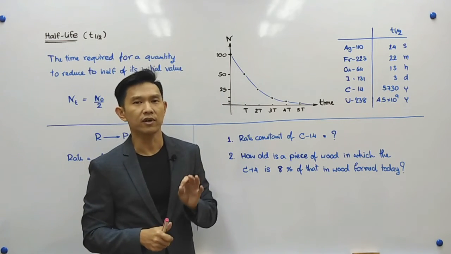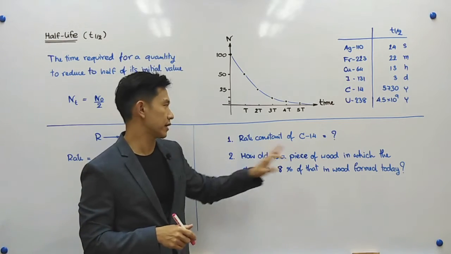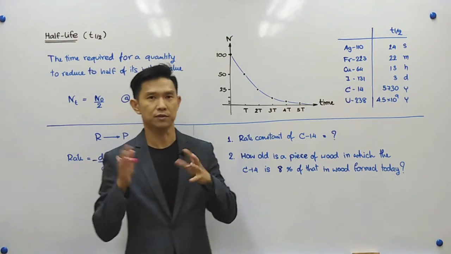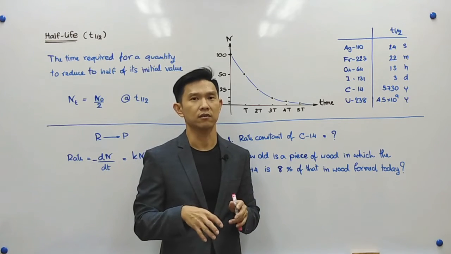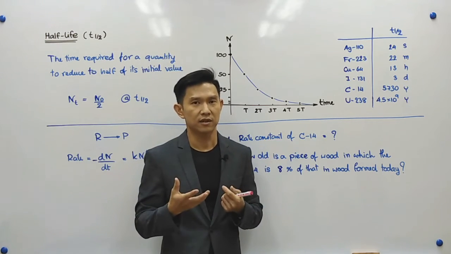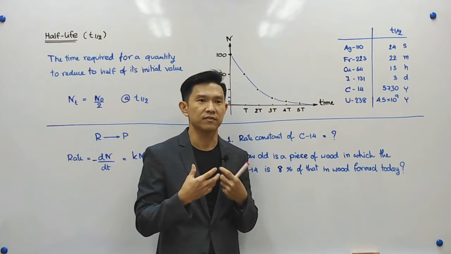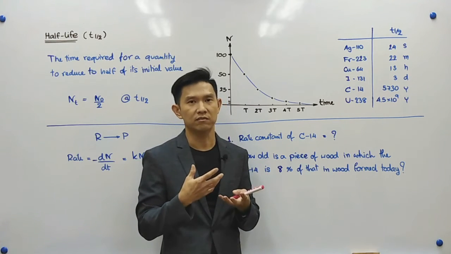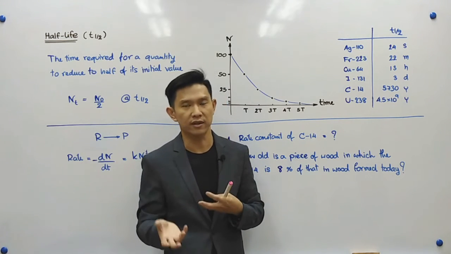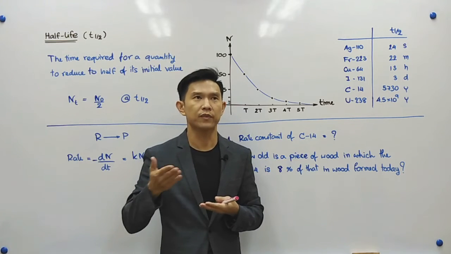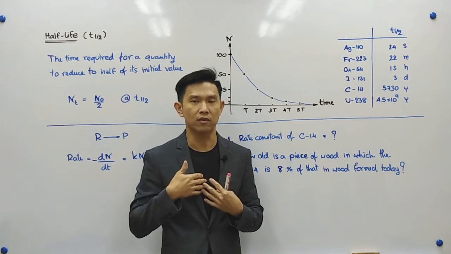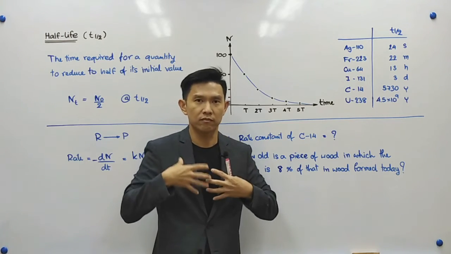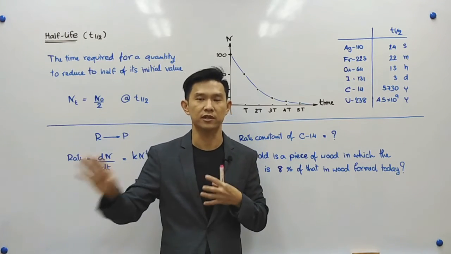But after the living organism died, like this one, the tree killed by the volcano, or a dinosaur that just died, it stopped eating, it stopped breathing. So the exchange of carbon or carbon-14 between the inside of the body and the environment has stopped.